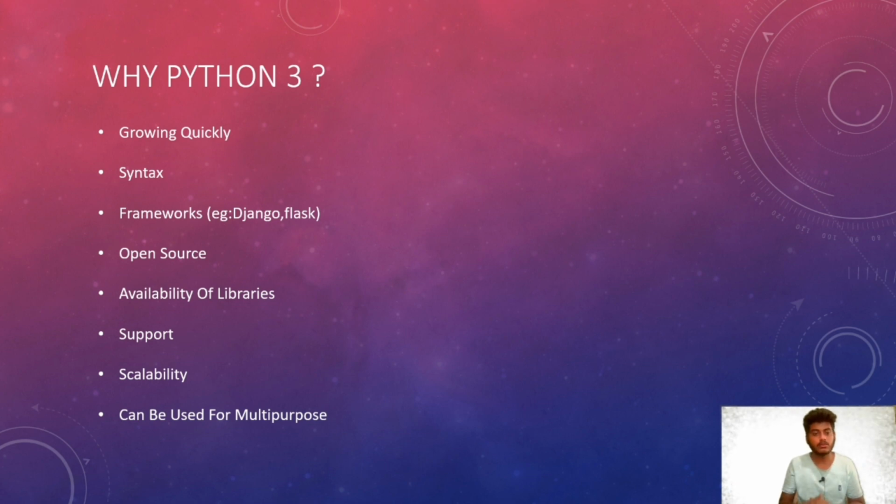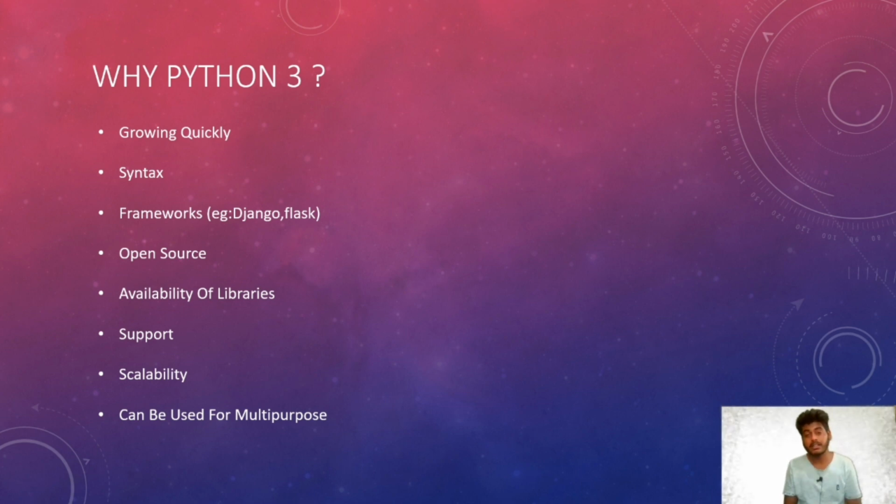The next point is the open source availability of libraries. There are more inbuilt libraries in Python when compared to other languages. Then the support that we have for Python is more when compared to other languages, because the programmers in Python are growing day by day.